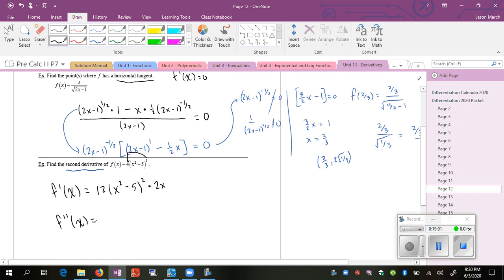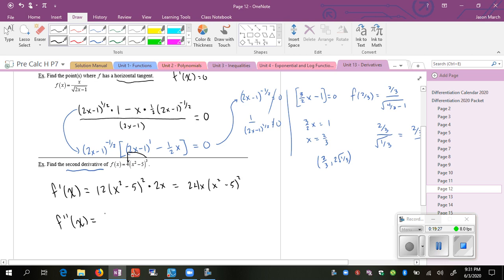Now I do have to do the product rule, or we could multiply out the parentheses, distribute the 12 and the 2x into the parentheses and avoid it, but let's practice the product rule. So first, I'm going to clean this up here and multiply the 12 and 2x together and call that 24x times x squared minus 5 squared.